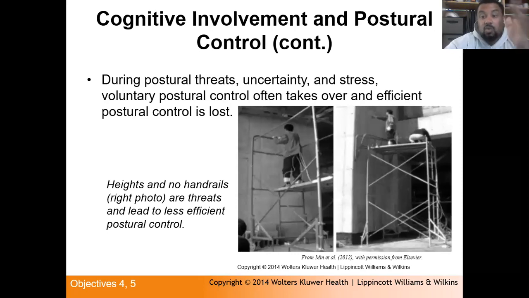Because he's nervous that there are no handrails and he's so high in the air, his postural control is starting to be inefficient, because he doesn't know how to react to the sense of danger, and it's leading to him not being able to keep his balance. He starts to sway. You can use a whole lot of other examples. Say you've been scared or something like that. Your body doesn't know how to adjust, and being under all that stress, it's not able to maintain and stabilize itself.